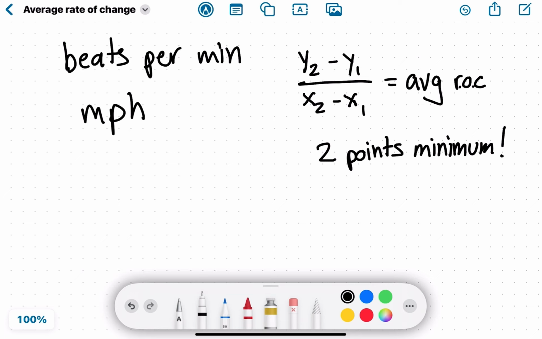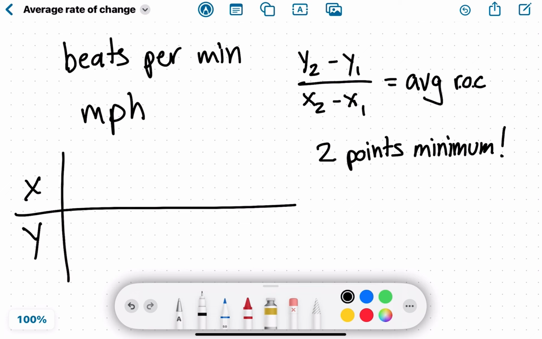So let's say you have a list of values. Let's say y would be the amount of miles driven and x is the amount of time.